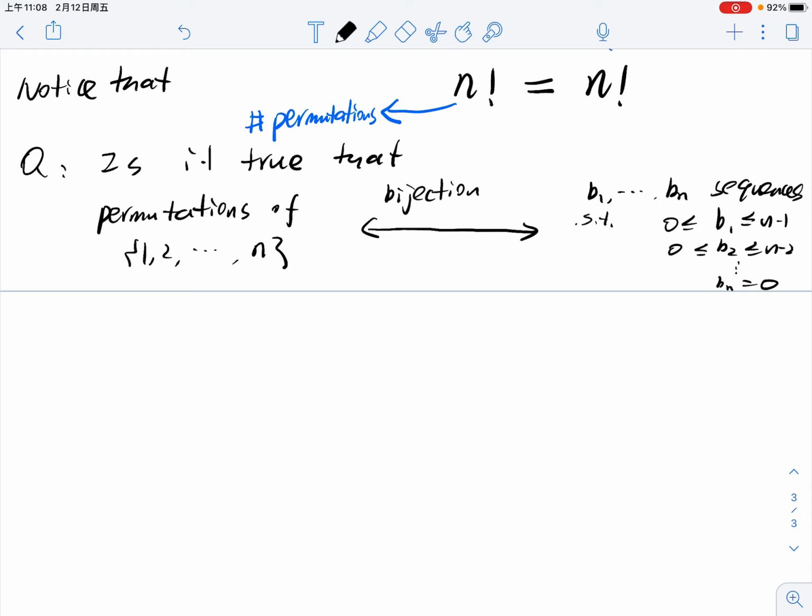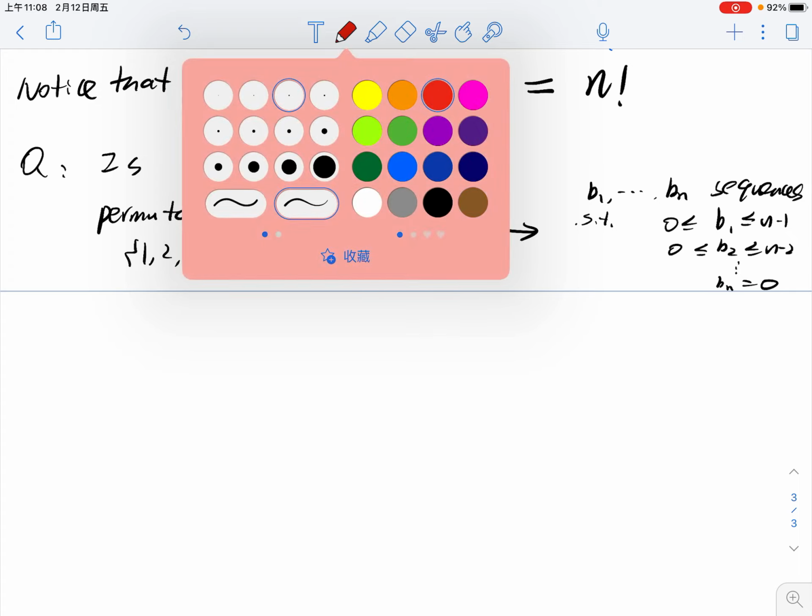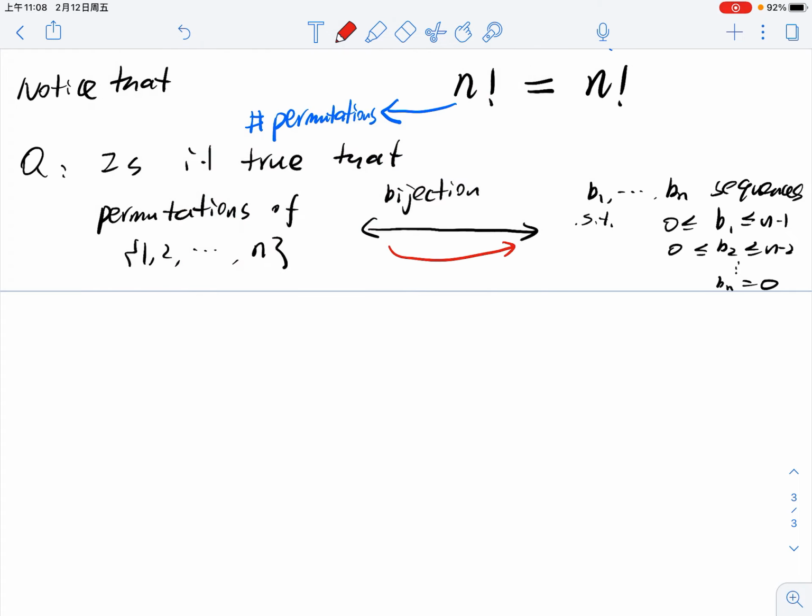Okay, and the correspondence actually, if you go this way, we expect this is just an inversion sequence. For a permutation, you take its inversion sequence, you get B. And now the question is, can we do the inverse construction?